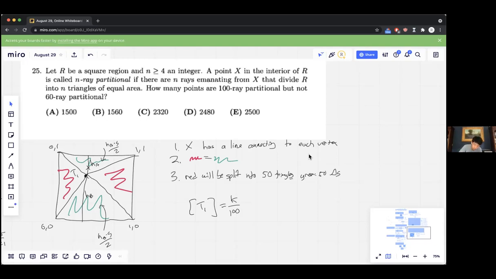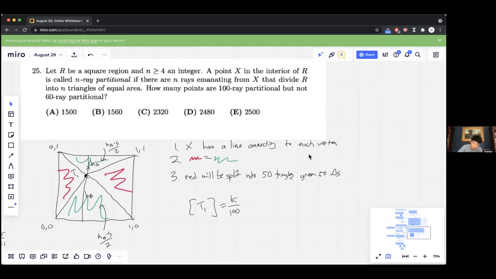Since these lines are already drawn, this red triangle, triangle 1, will be split into a bunch of smaller triangles, and each of those will have area 1 over 100. So the area of triangle 1 has to be of the form k over 100.